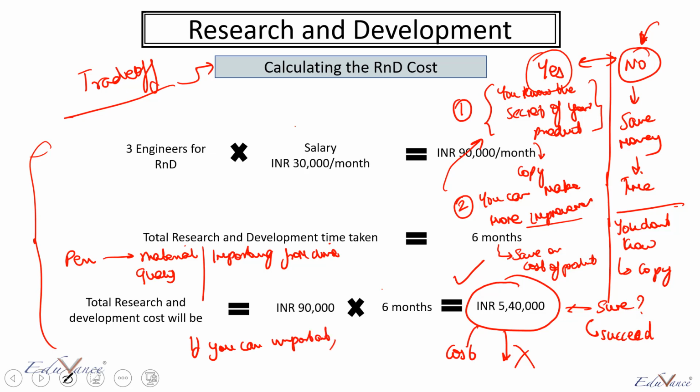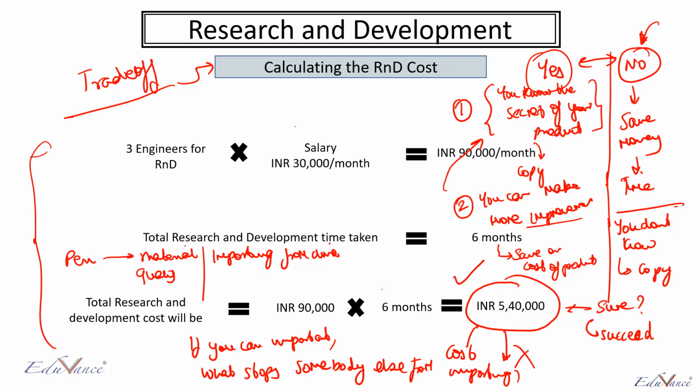correct? What stops somebody else from importing? Please understand this question. If you say, I don't want to do R&D, so no R&D, no manufacturing, and you will say, I will import from China, okay, that's fine.